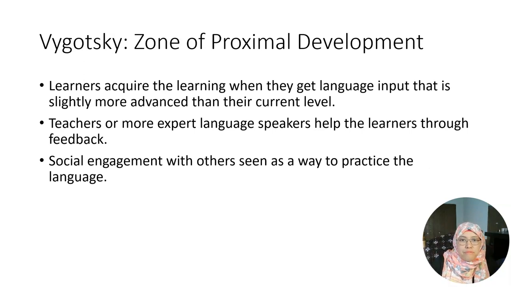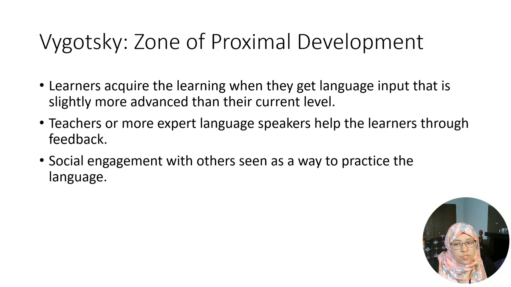For the zone of proximal development by Vygotsky, he proposed that learners acquire learning when they get language input that is slightly more advanced than their current level. This is similar to what Krashen proposed. The teacher is also considered a more expert language speaker who is supposed to help the learner through feedback and engagement.